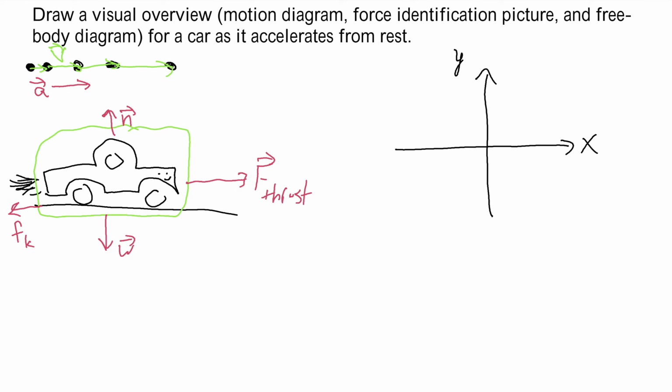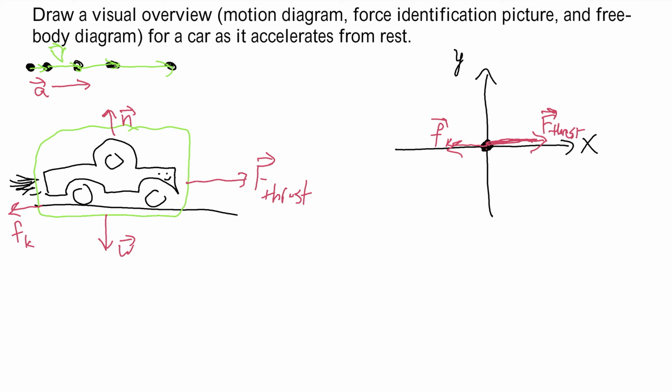We have a free body diagram now, so the car is now represented by a dot. So you're gonna have a longer arrow to the right. Our thrust vector is to the right, F sub thrust. And a smaller vector to the left, F sub K. And then you're gonna have two equal going up and down.